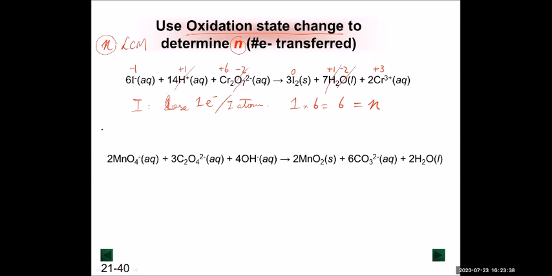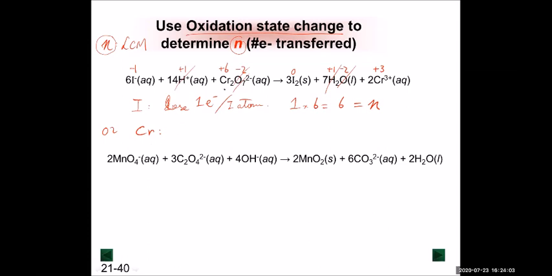We can also use the chromium, because we notice chromium also changes. This is the alternative. You don't need to do both, because if your equation is balanced correctly and you find the number of electrons transferred from one element correctly, you don't need to do both, but just for more practice.